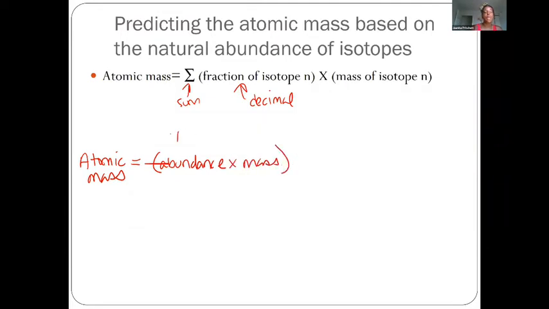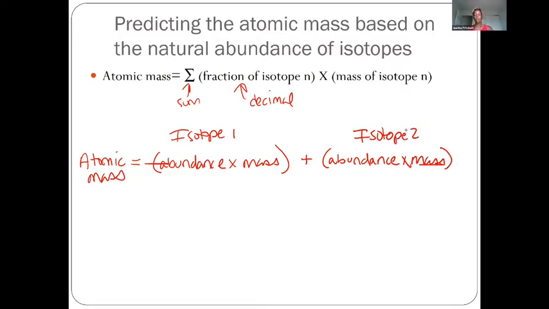Okay, and so this represents isotope 1. And then we would add that to the abundance, again written as a decimal, of the second isotope times its mass. And this would represent isotope number 2. And you can keep going depending on the number of isotopes that you have.